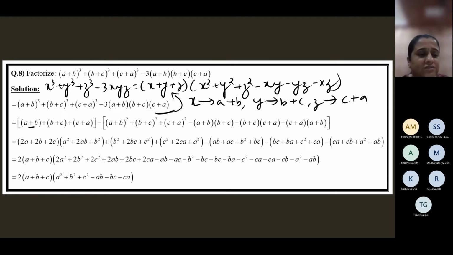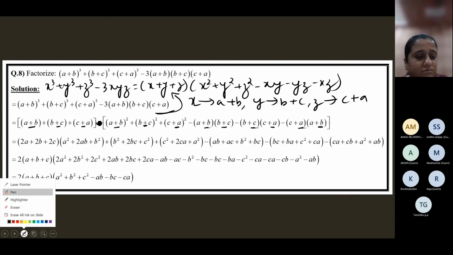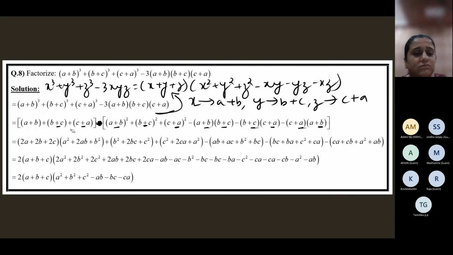So see here, x plus y plus z, and then x square plus y square plus z square minus xy minus yz minus xz. Don't go ahead of me. This minus is not there, children.